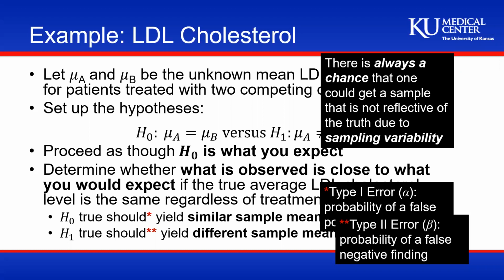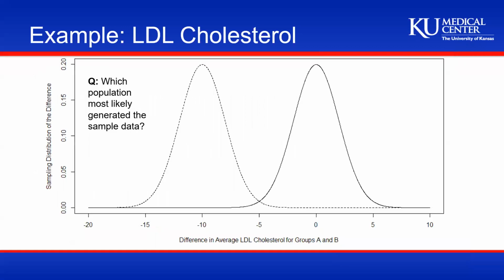And we incorporate this into the design. We design the study in such a way that we minimize this and we maximize what's called power. Power is just the inverse of the type 2 error. It's our chance of a true positive finding, which is often what we are looking for.